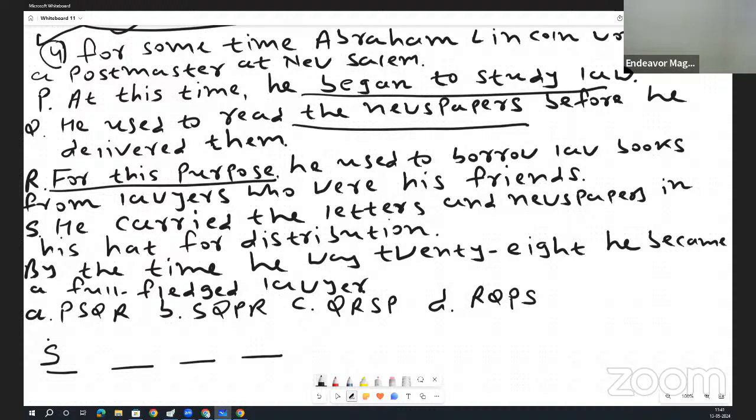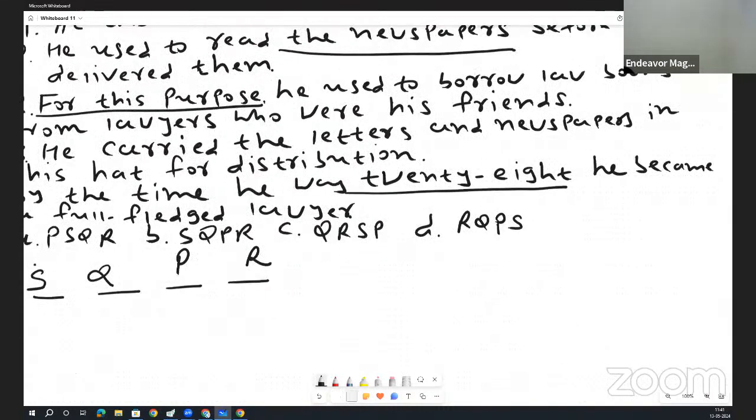Which he used to carry in his hat for distribution. So SQ. And then, students, he started to study law, P. And for this purpose, which purpose, students? For studying law, he used to borrow law books from lawyers who were his friends. So R. And then, students, the ending statement: by the time he was 28, he became a lawyer. Okay. Let's do a couple of more examples.